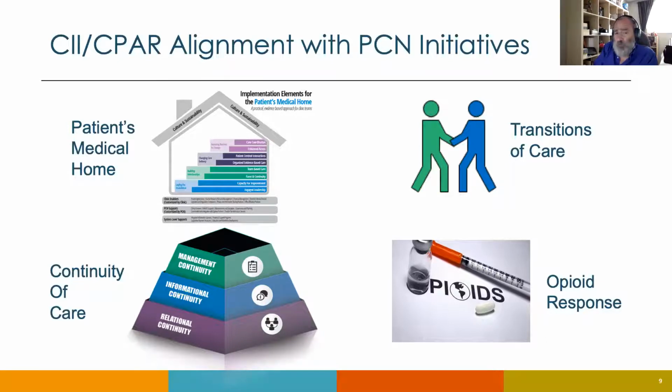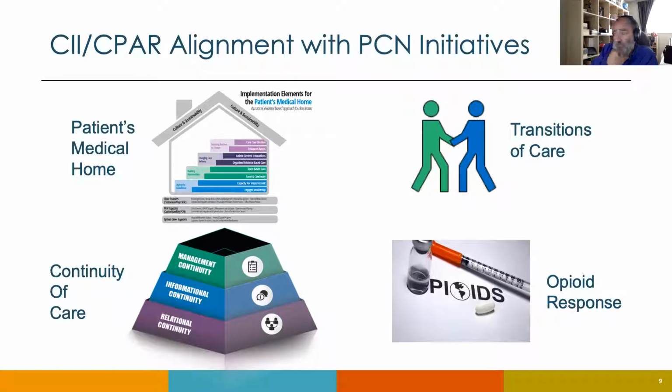And the opioid response, which is sometimes a little less obvious how CI PAR might be able to assist with that. But one of the things that CI PAR enables are e-notifications back to physicians when their patients are seen at AHS facilities, for emergency room, inpatient admissions and discharges, or day surgeries.